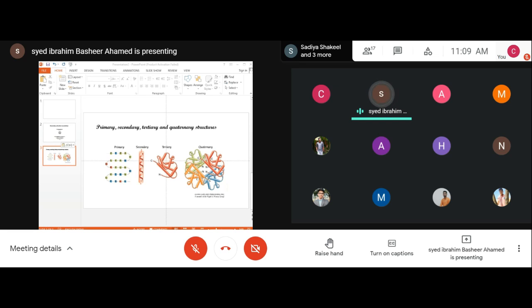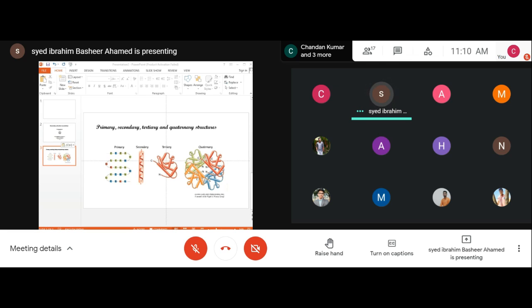So we know the secondary structures like alpha helix and beta strand. Before going into this secondary structure, I want you to know about the hydrophobicity, right?